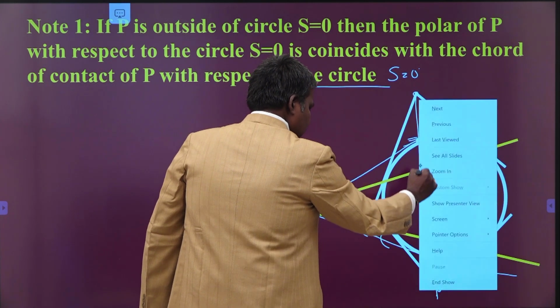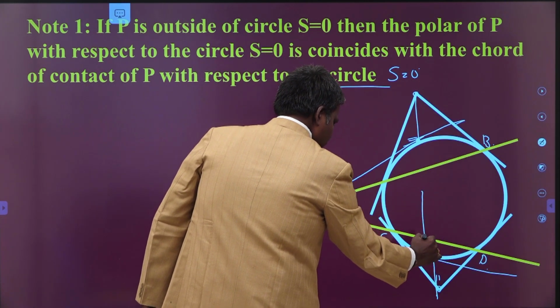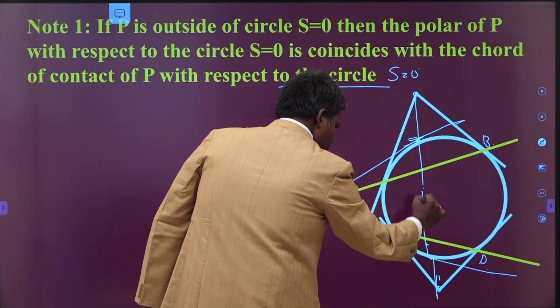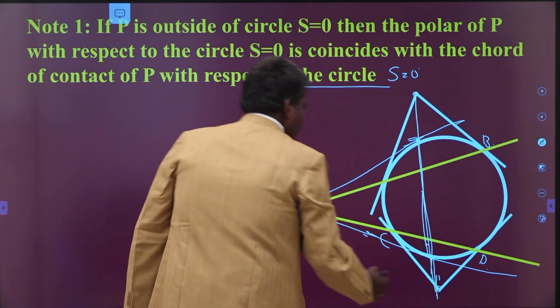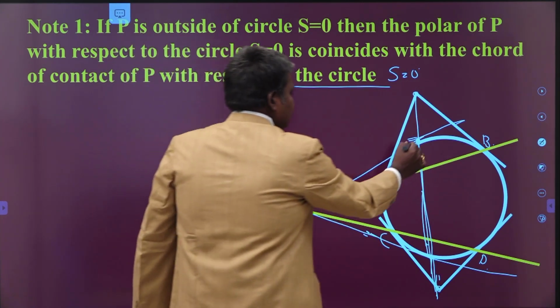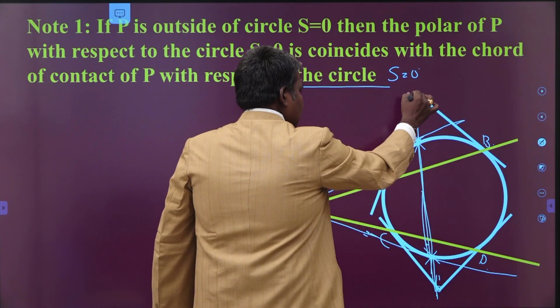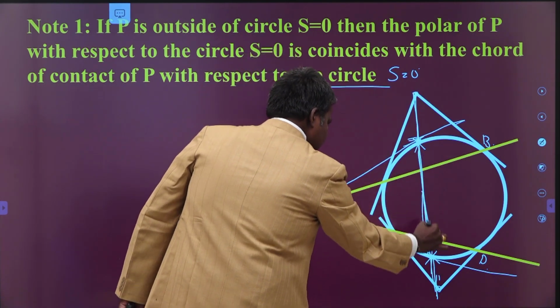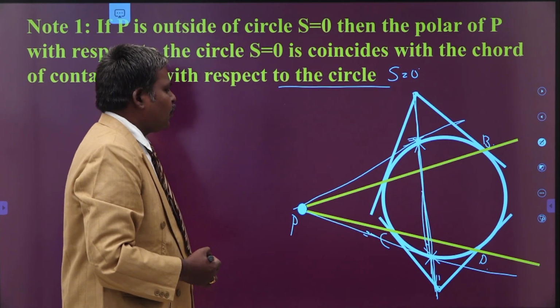So this is my secant line through these two points. These are the points of contact of the tangents. At the same time, it coincides with what? My polar.